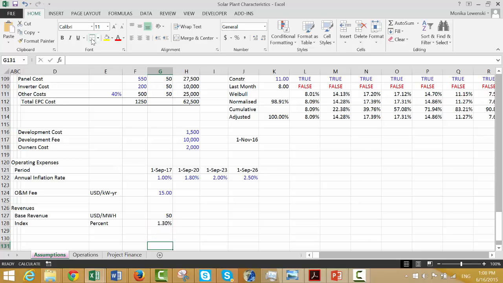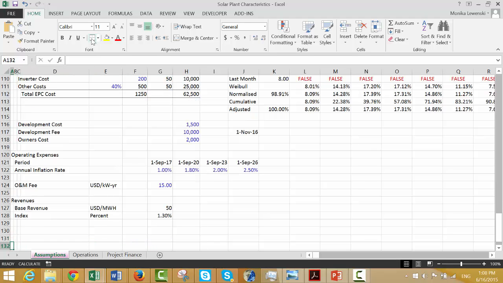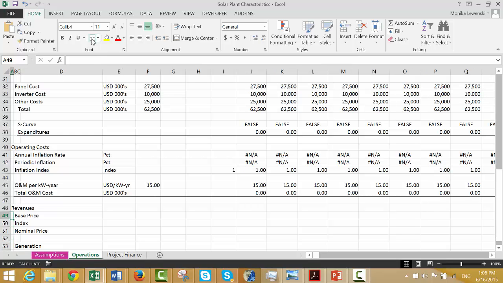And once we have this, we'll just start this. Okay, so this is USD per megawatt hour. This is a percent.